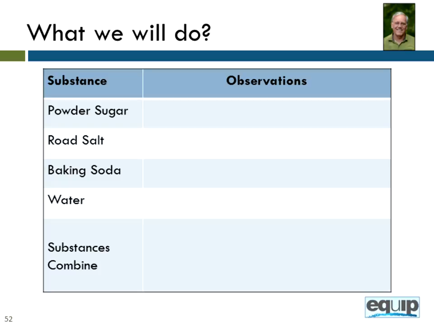And of course, we know that powdered sugar is a white, flaky kind of material. We have road salt, which is a white, crystalline kind of material, and then we have baking soda that's a white powder. So that's what these things look like initially. And of course, we have water, which is a clear liquid. Those were some observations that we've made.